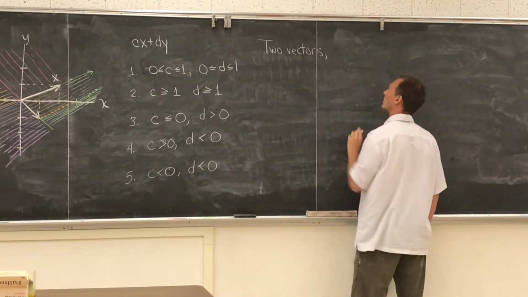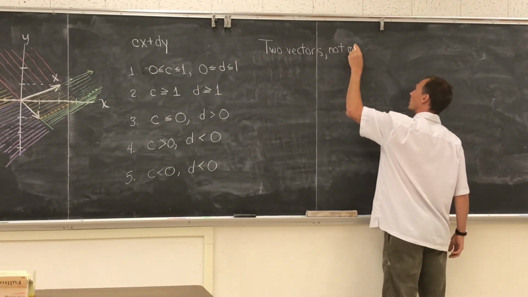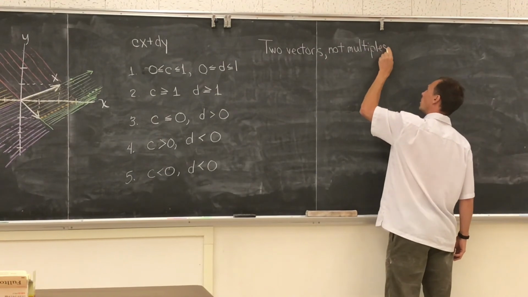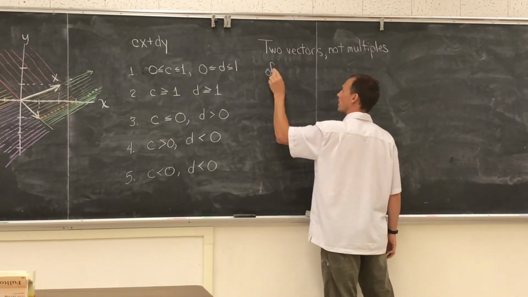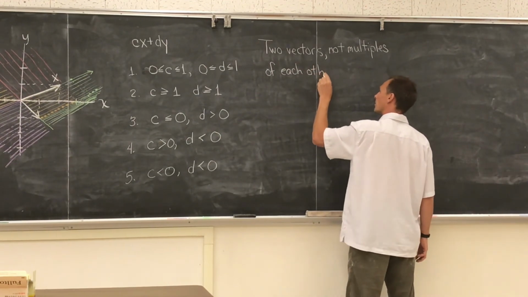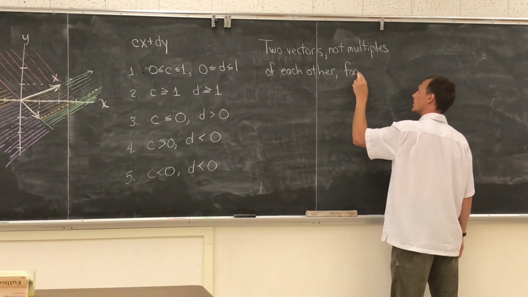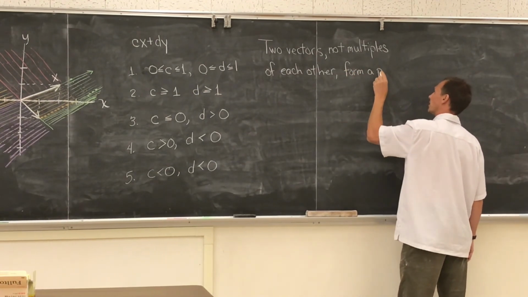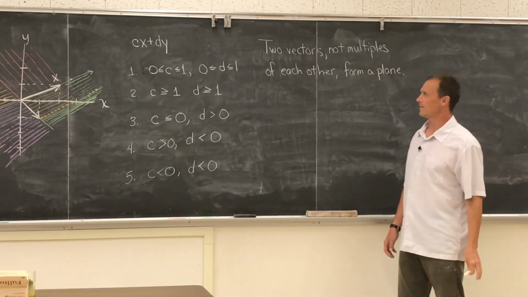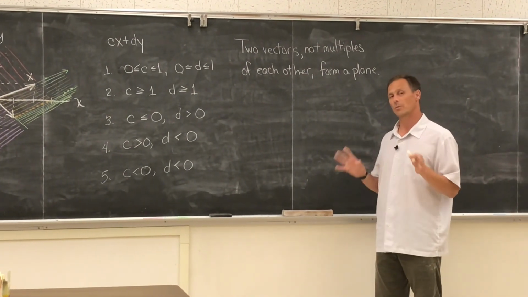and I'm going to put correct comma, not multiples of each other, form a plane. Okay? So that's all it takes. You have two vectors, you can form an entire plane.